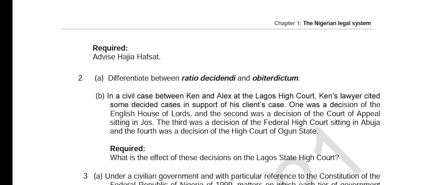These are the facts that are binding for a court to follow. But obiter dicta are not binding at all; they are just other things that the court may have said in the course of that matter. It could just be words that were said in that matter.